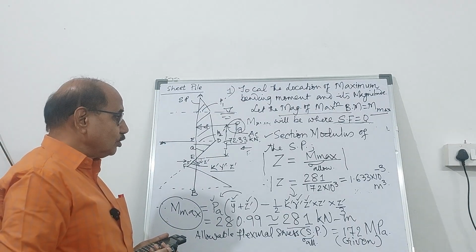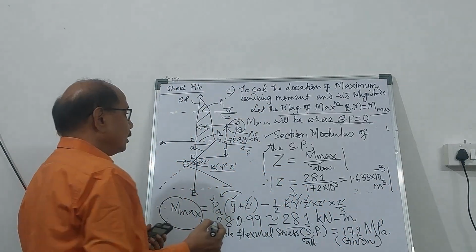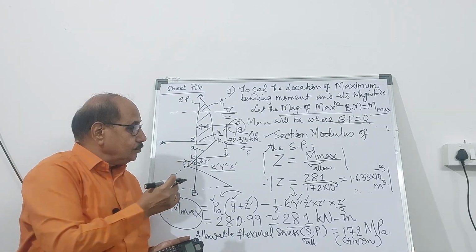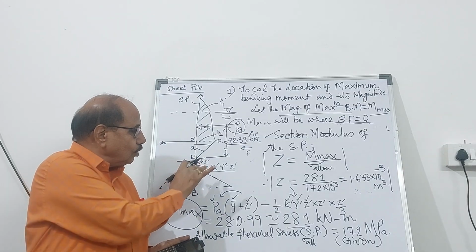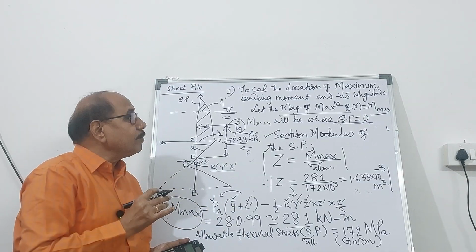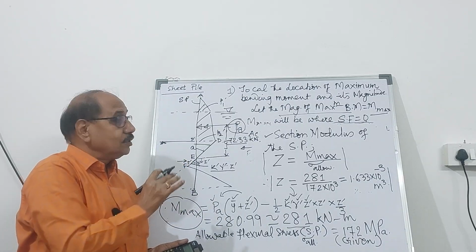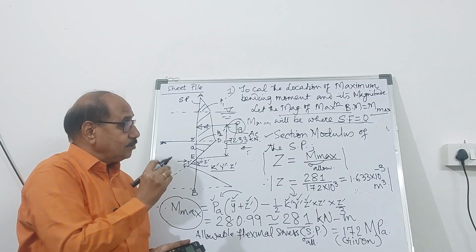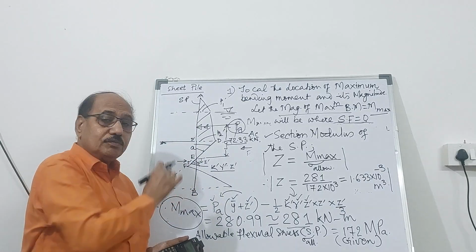Friends, I have explained it in a very simple manner, and I hope all the points which I have described are crystal clear in your mind. This is quite important: calculating the section modulus, maximum bending moment, its location, everything I have explained with the help of the figure.